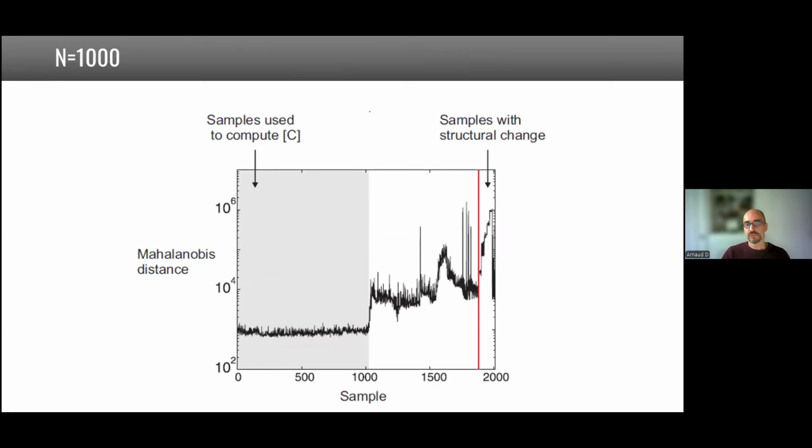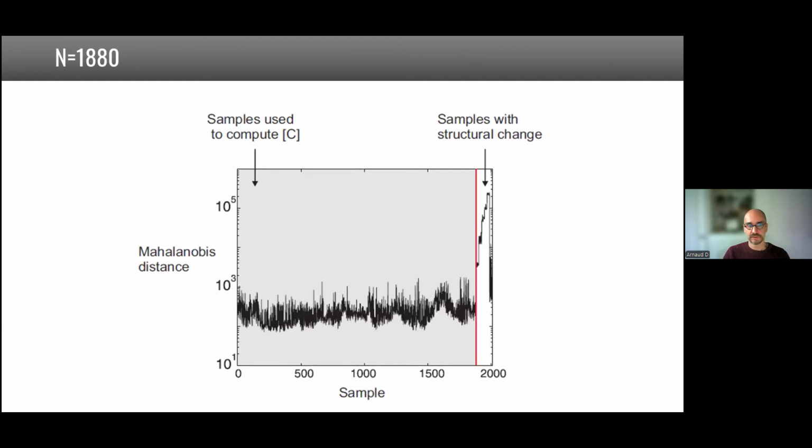Then if I use 1000, you see that I can still have a very flat trend on the training data, but not after, because, again, not all conditions are taken into account in my training of this Mahalanobis distance. And if I take all the undamaged sample, then this is the result I showed you before.